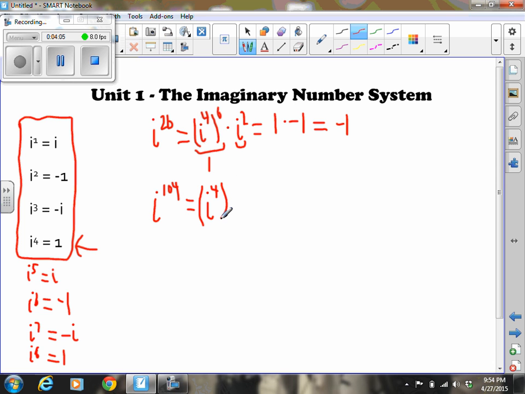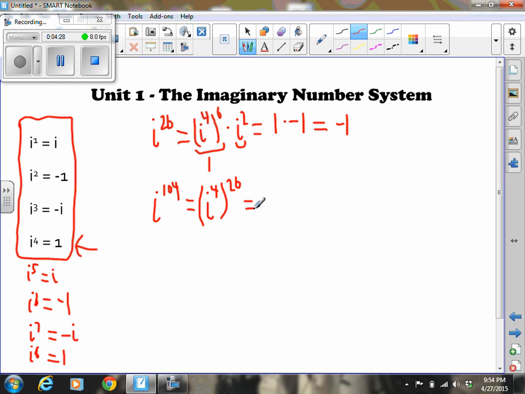If I have my calculator, I could certainly do my division. 104 divided by 4 is going to give me 26. But if I didn't have my calculator, I know that 4 would go into 100 25 times, so 4 more would make 26. Do I have any i's left over? No. If we have 4 groups of 26, we've got 104.